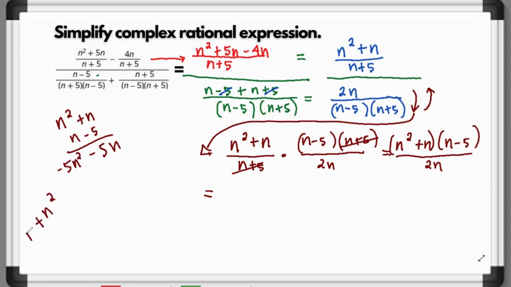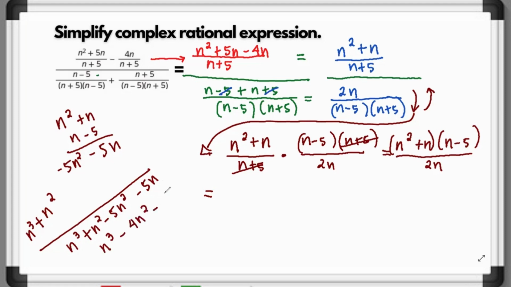Then, plus n cubed. Okay. n cubed plus n squared minus 5n squared minus 5n. Okay. Let's combine the alike terms. Let's copy it. n cubed. Then this one, n squared. So this now becomes negative 4n squared minus 5n.